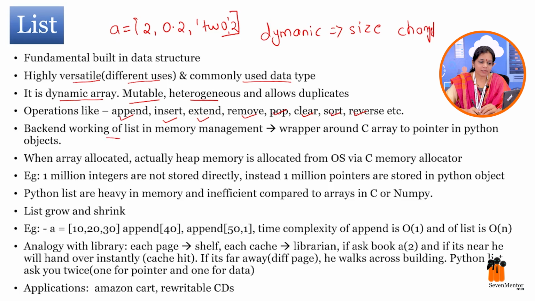Backend working of list in memory management, I'll just explain to you with this example. Okay, so first we will see all the attributes of the list. When an array is allocated, the heap memory is allocated via the OS, from the OS via the C memory allocator. See, in memory management, this is your heap. This is your heap memory.